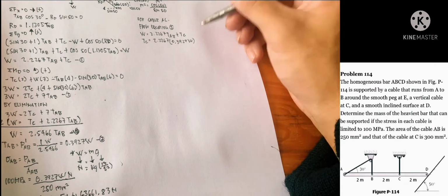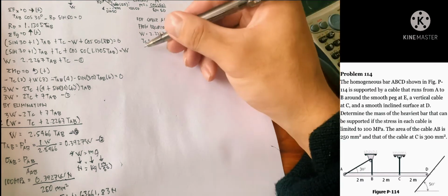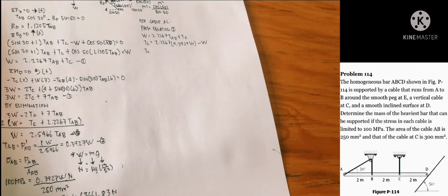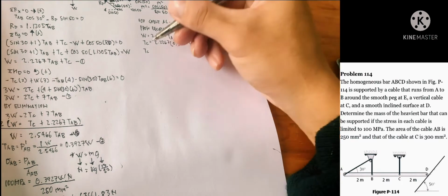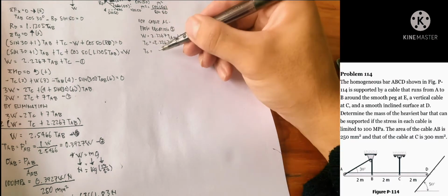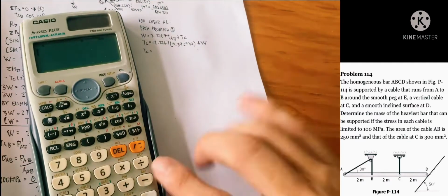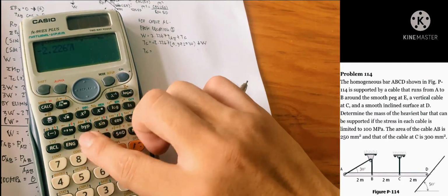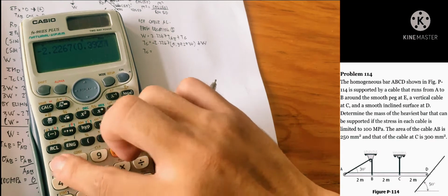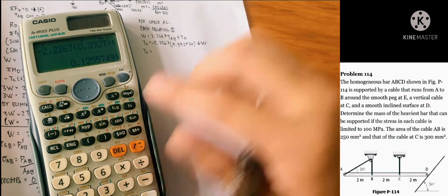It's the same. It is minus W. So we just exchanged. Our signs are wrong. That should be positive and it should be negative. So plus multiplied by 0.327.